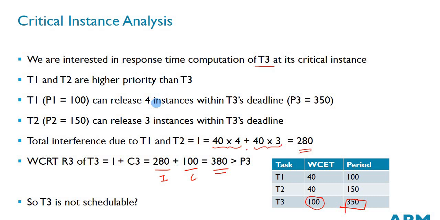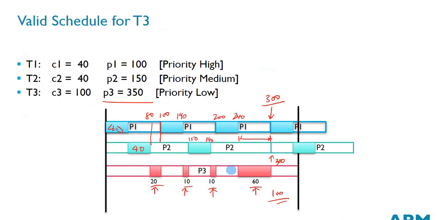So if we look back here, we computed it as 380. But when I dig deeper into the actual timing gaps that I have, I can see that I can actually squeeze in task 3 and complete it within 300 units of time. So how do we now account for this in our analysis?